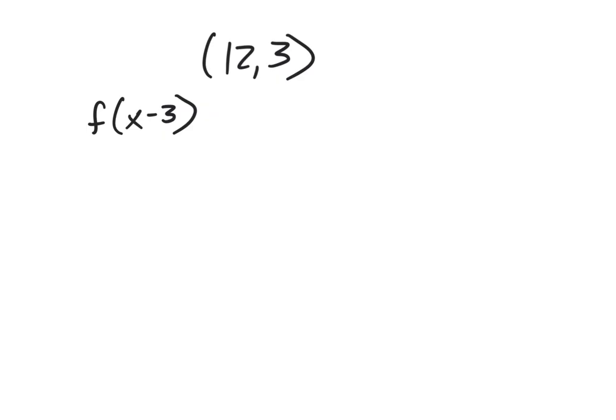I want you to tell me where this point would go, where would it be if I applied this movement to it, okay? So sometimes we'll do it to an entire function. Here we're just doing it to a single point, okay? Doesn't change. It's the same idea.